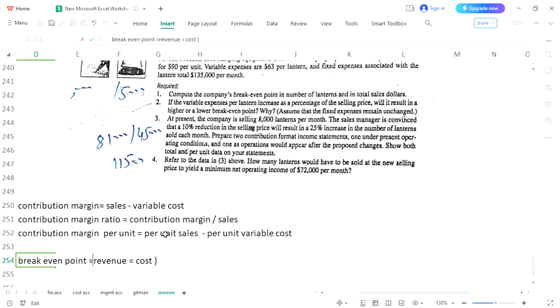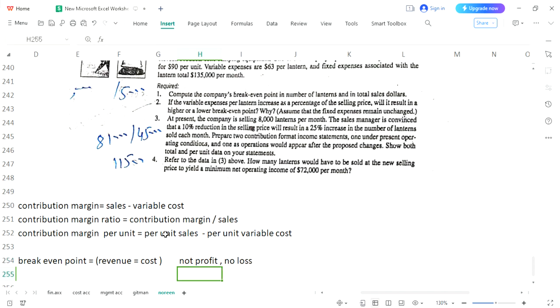If your revenues are equal to your cost, it is the break even point, or in other words you can call it no profit and no loss. You are at an even place, break even point, revenue is equal to your cost, and you have calculated your break even point in terms of units.